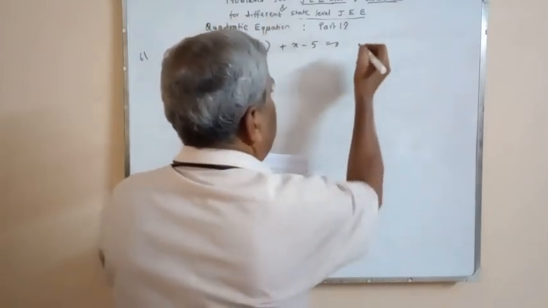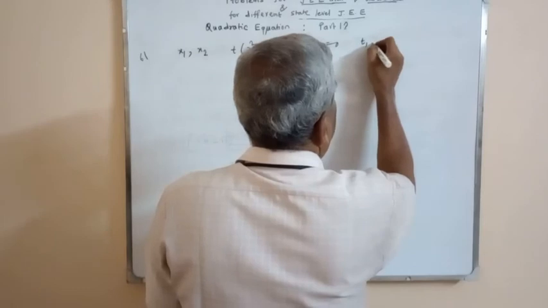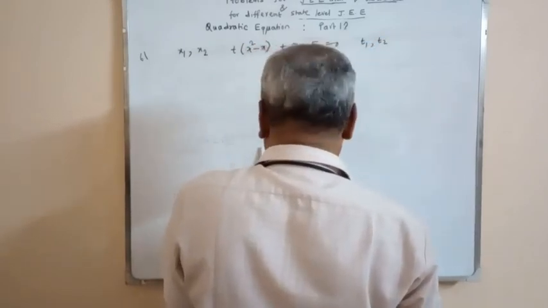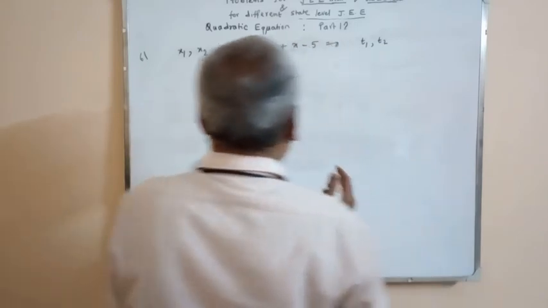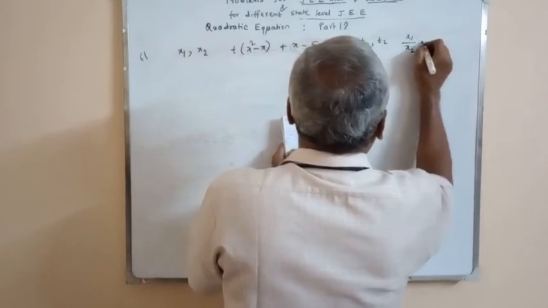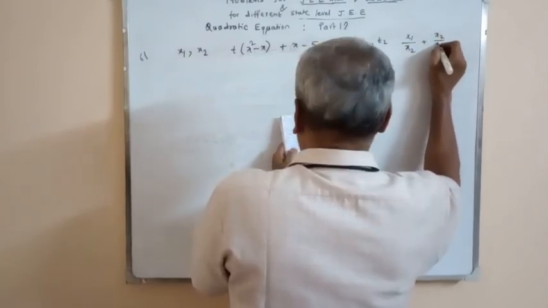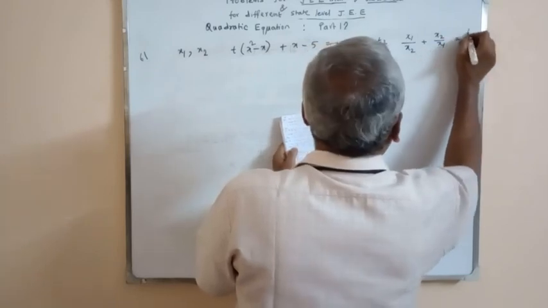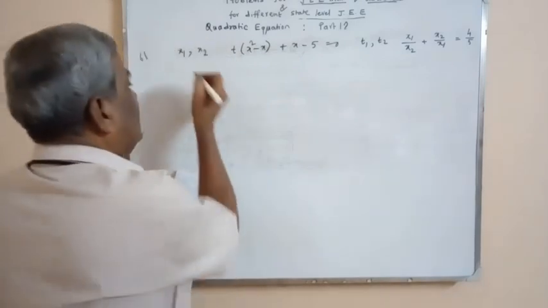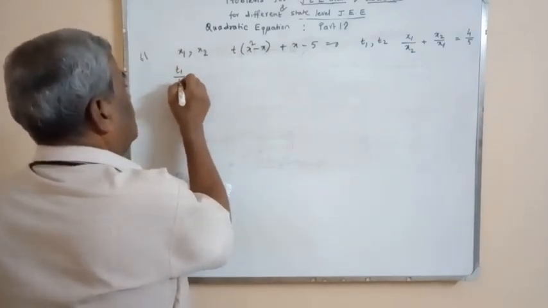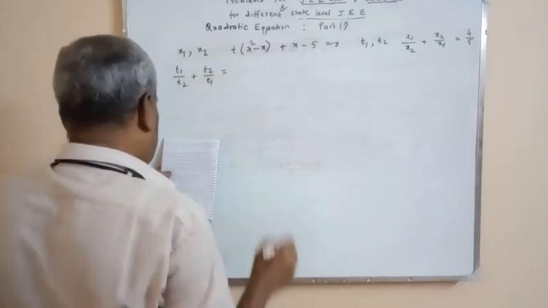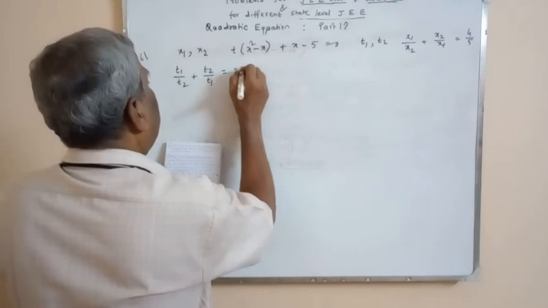If t1 and t2 are two values of t for which x1 and x2 are connected by x1 by x2 plus x2 by x1 is equal to 4 by 5, then so that t1 by t2 plus t2 by t1 is equal to 254.